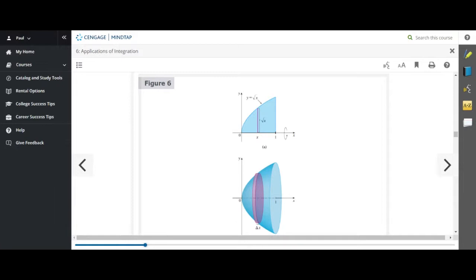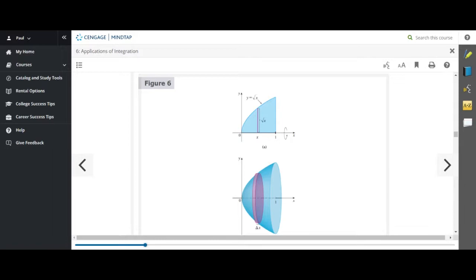We can do the same thing with volumes. We can have vertical discs with delta x width and horizontal discs with delta y width. So the cross-sectional area of that cylinder in figure 6, we know the width is delta x.